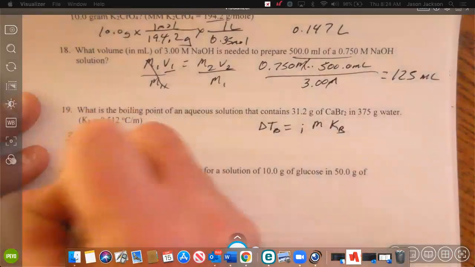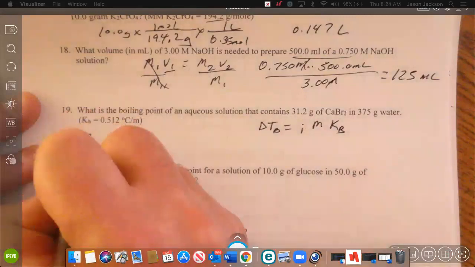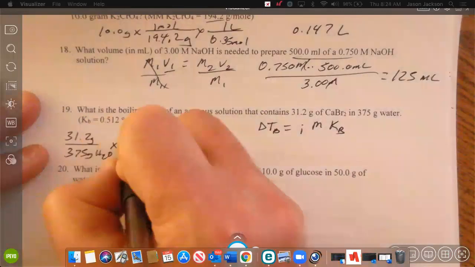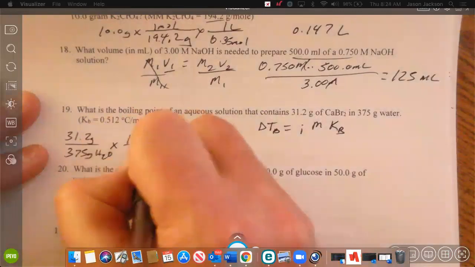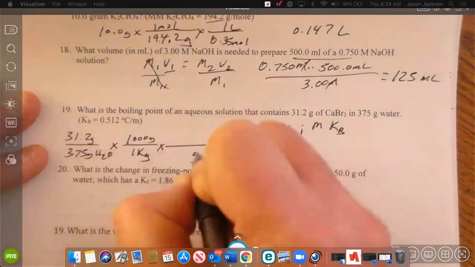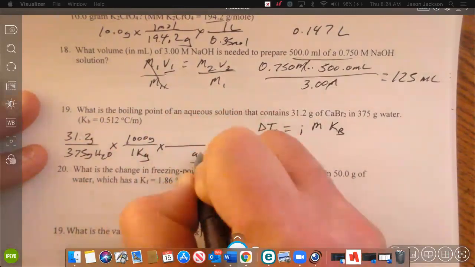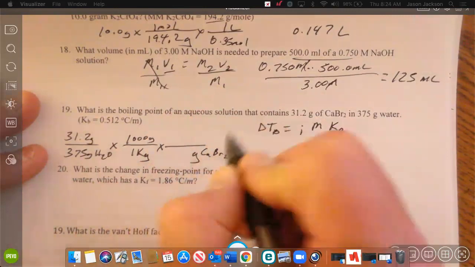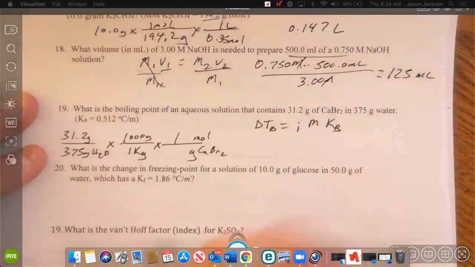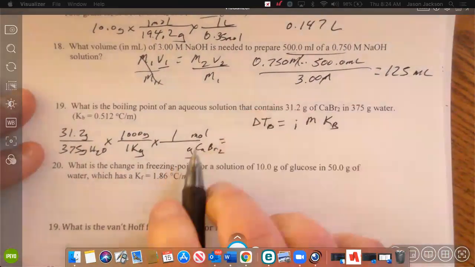We change the grams of water to kilograms, and we need to change the grams of calcium bromide to moles. That will give us our molality, moles per kilogram.